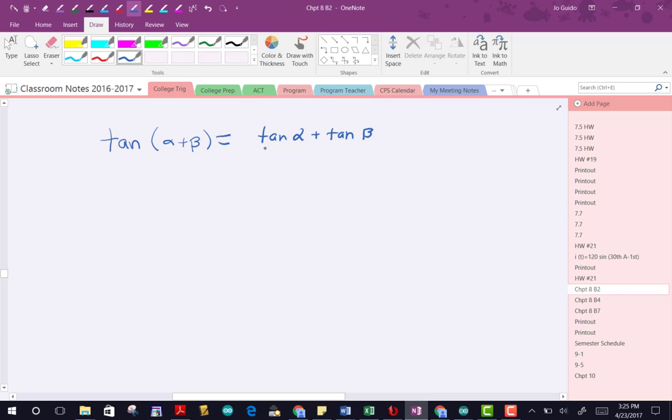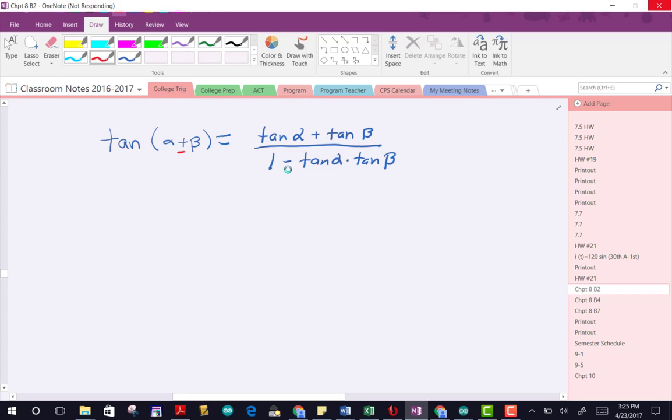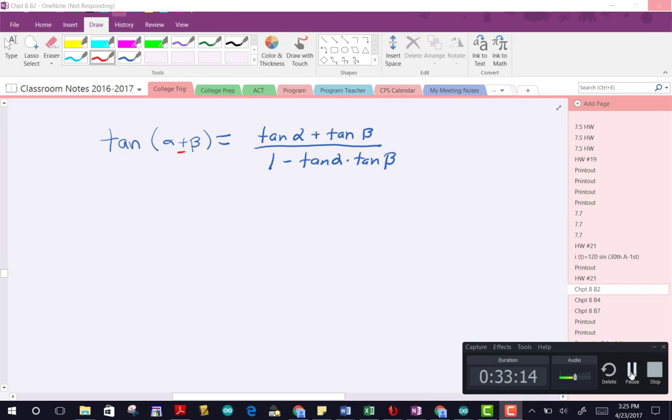Well, we lost everything in the crash, so we'll write it down again. The tangent of A plus B is going to be equal to the tangent of A plus the tangent of B divided by 1 minus the tangent of A times the tangent of B. The formula for tangent of A minus B is almost exactly the same, except that the signs are opposite.